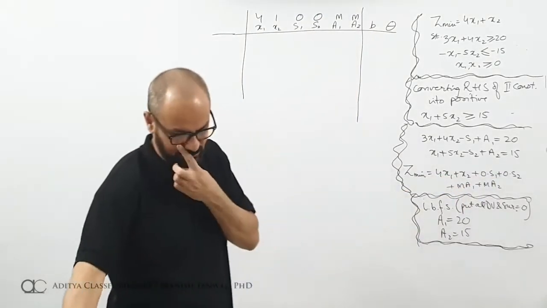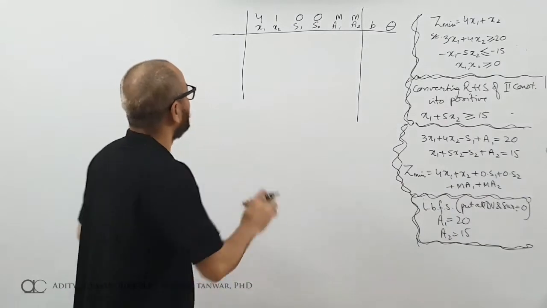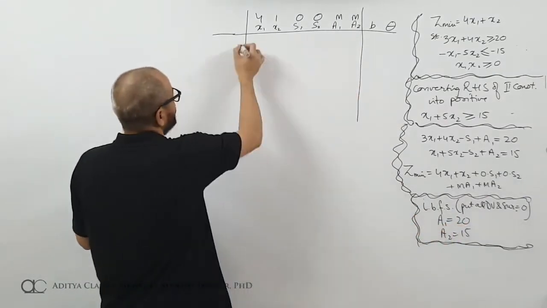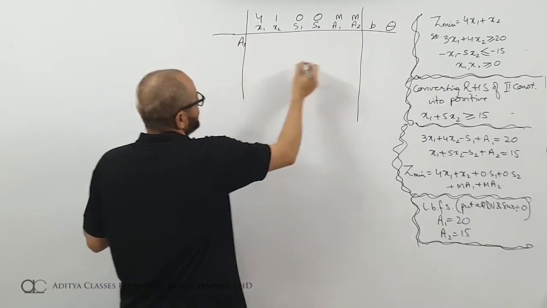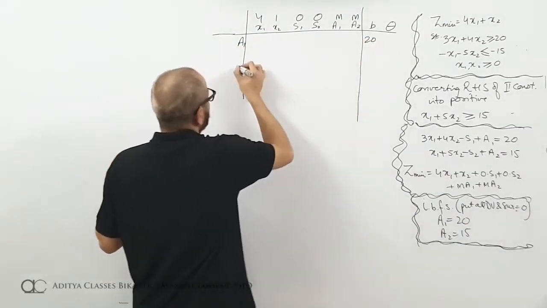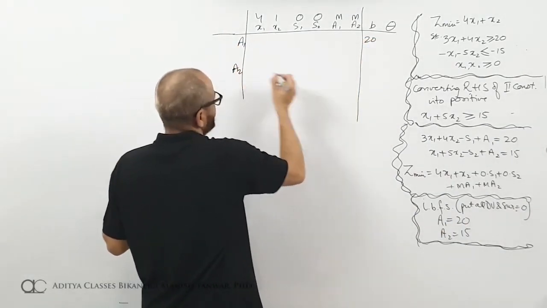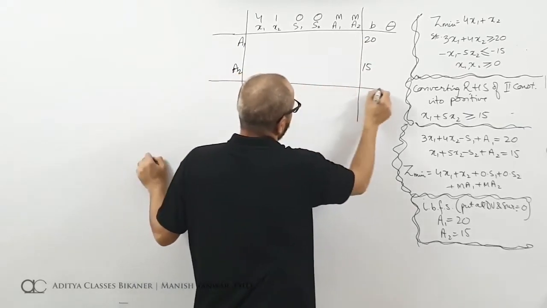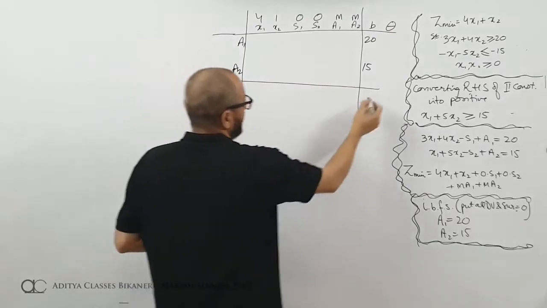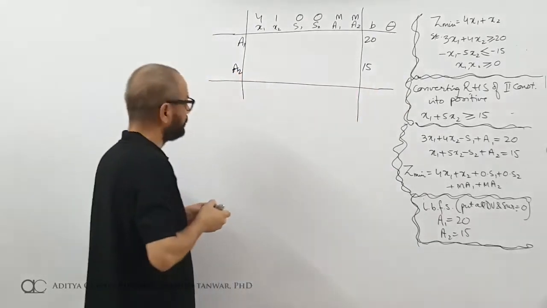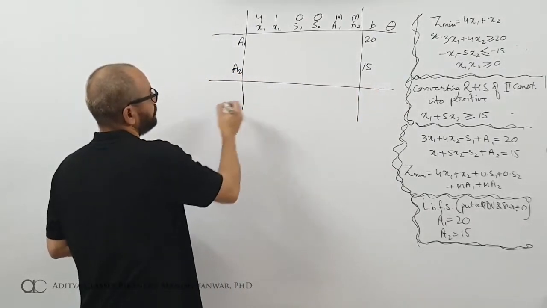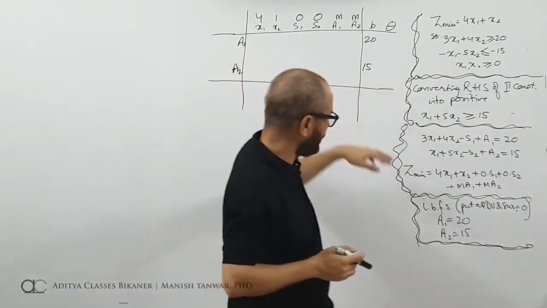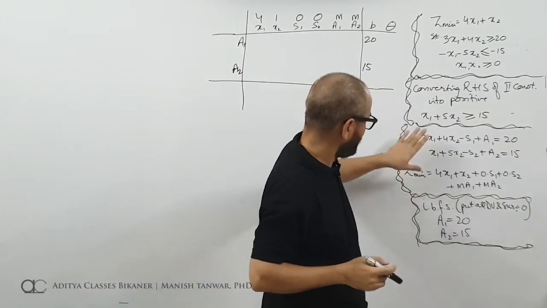These are the contributions. What is my IBFS at this point? A1 is equal to 20, A2 is equal to 15. Right? And what will be over here in the table? The constraints.